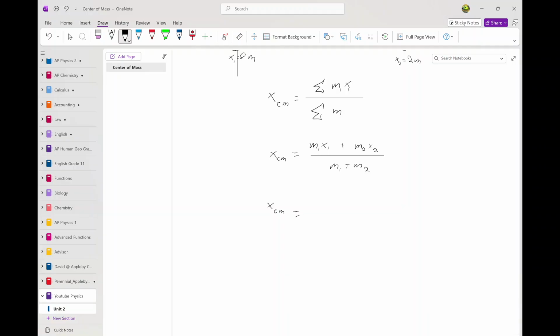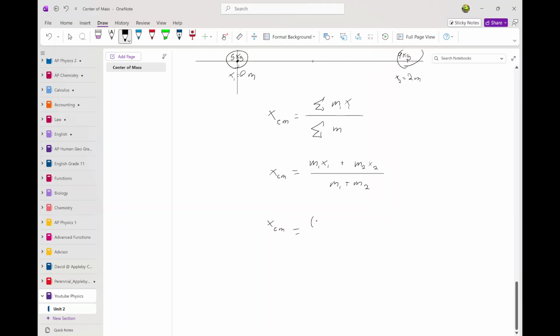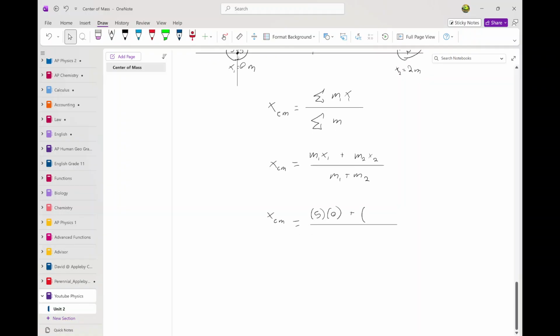The mass of the first object is 5 kilograms, and its position relative to the origin is 0 meters. Then we have 9 kilograms, and then 2 meters. The reason I made it meters is so it's easier. If we deal with centimeters, we just have to divide by 100, so it'd be 0.02. It's just easier that way. Then we have 9 kilograms times 2, and then we have 5 plus 9.